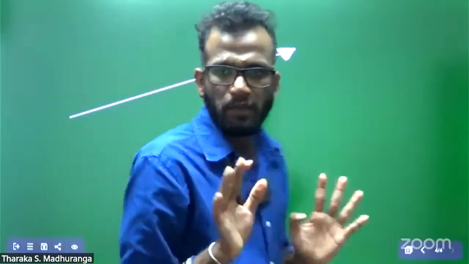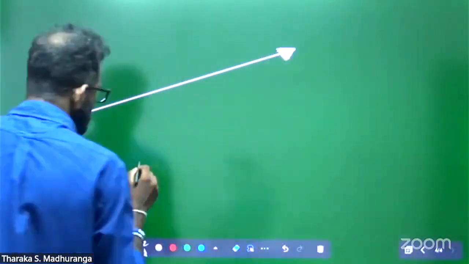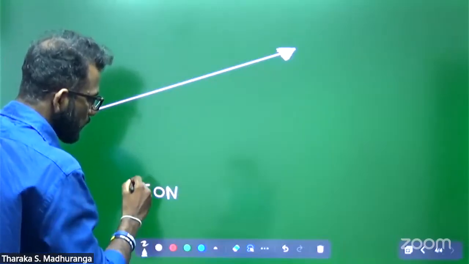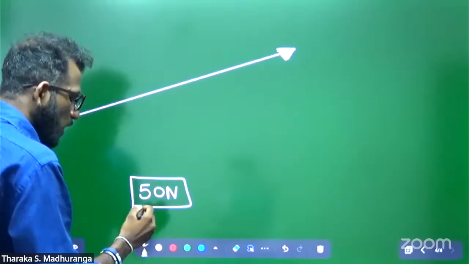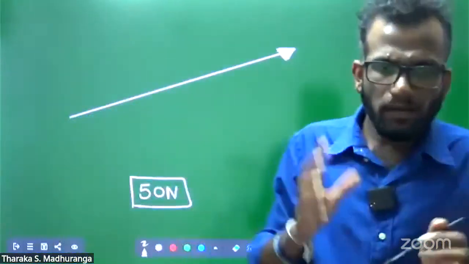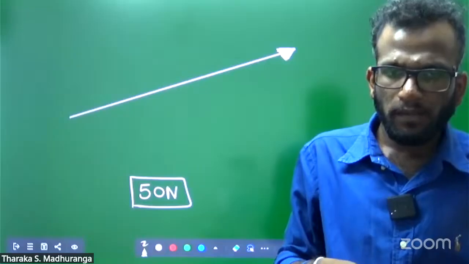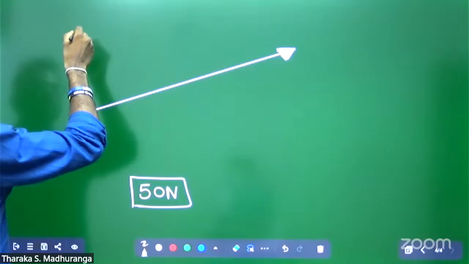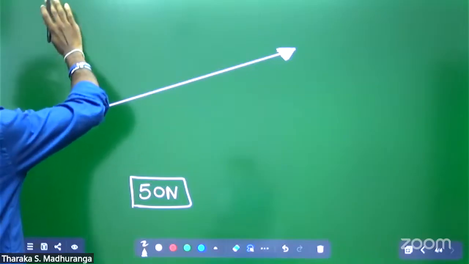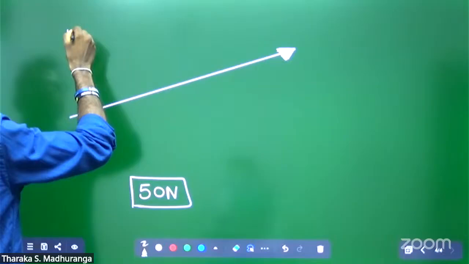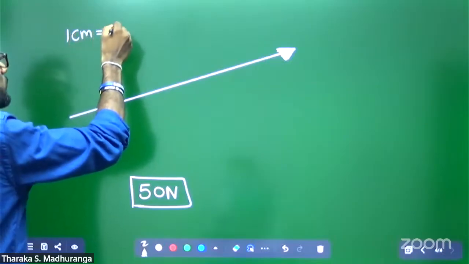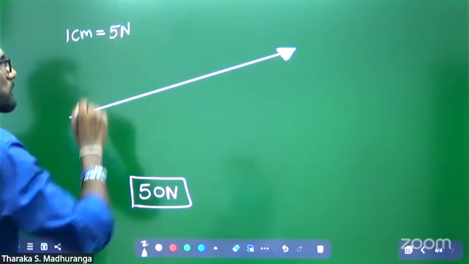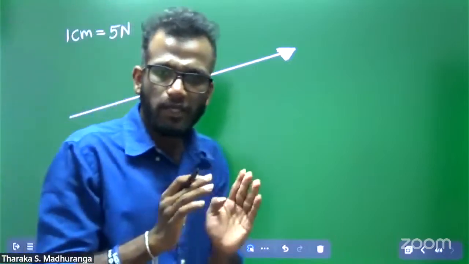Now think I want to express a 50 Newton external force, an external agent, anywhere. Then in this force explanation I can say 1 centimeter equals 5 Newton.